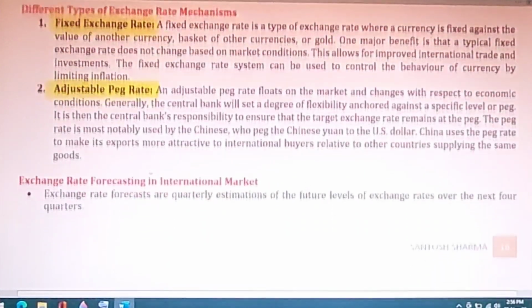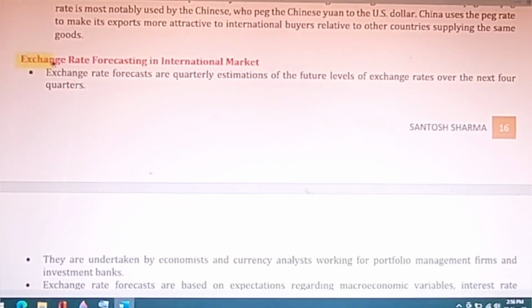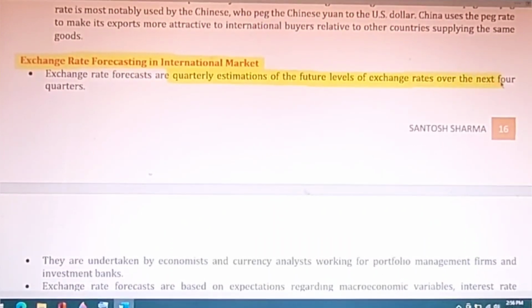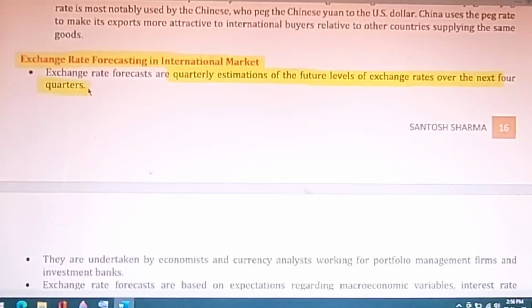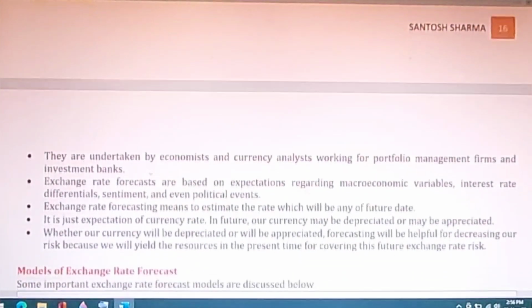So okay, the next one is exchange rate forecasting in international trade. How is forecasting done? Forecasting is a quarterly estimation of the future levels of the exchange rate over the next 4 quarters. So that is called forecasting. A few more points I have written in this definition.